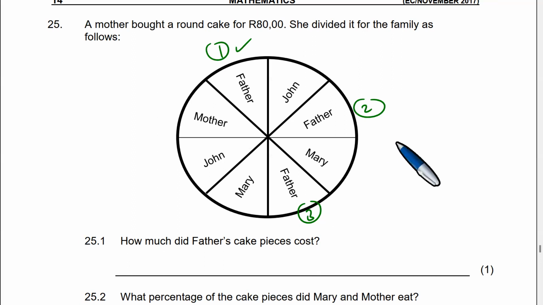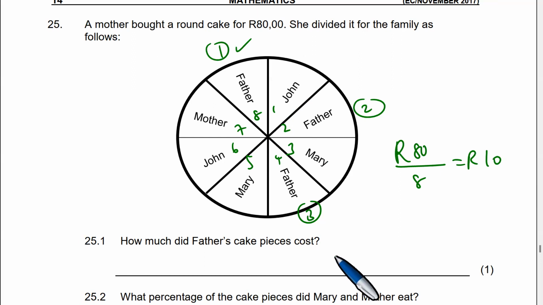But each part is 80 rand divided by how many parts there are altogether: 1, 2, 3, 4, 5, 6, 7, 8. You divide by 8, so each part is 10 rand. The father got 3 parts, so it's 30 rand. How much did the father's cake pieces cost? It cost 30 rand. You agree?